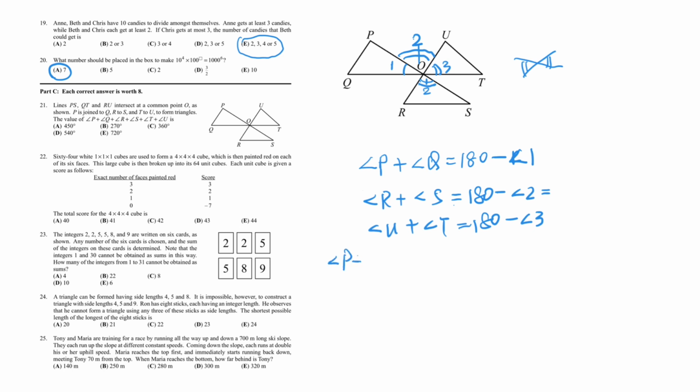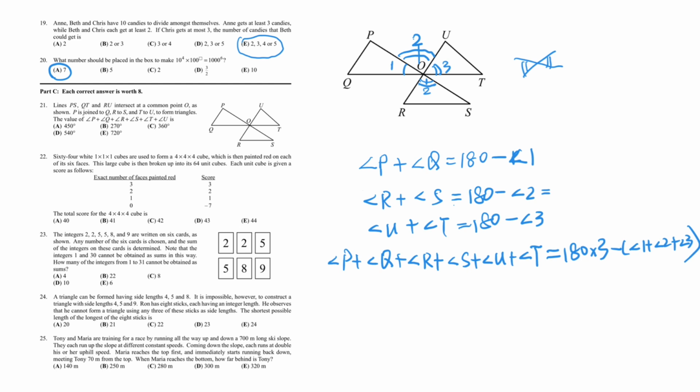Angle P plus angle Q plus angle R plus angle S plus angle U plus angle T equals 180 times 3 minus angle 1 plus angle 2 plus angle 3.